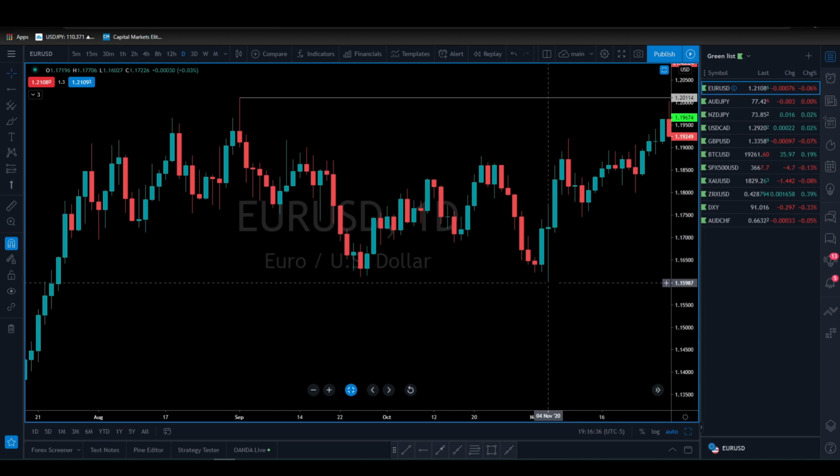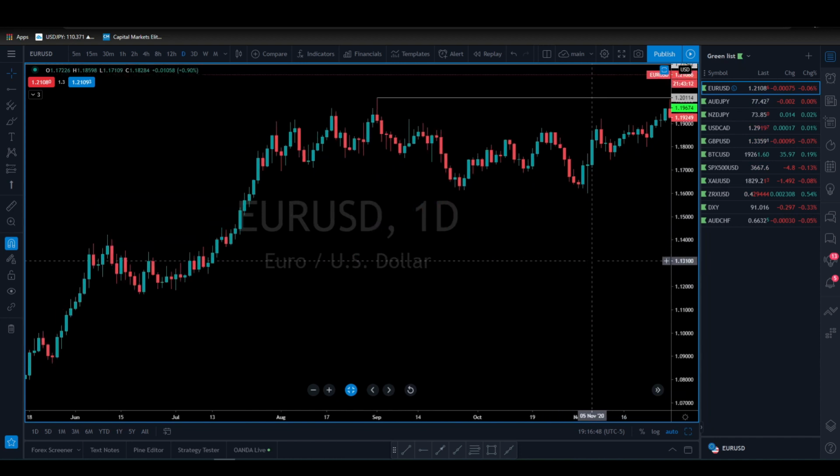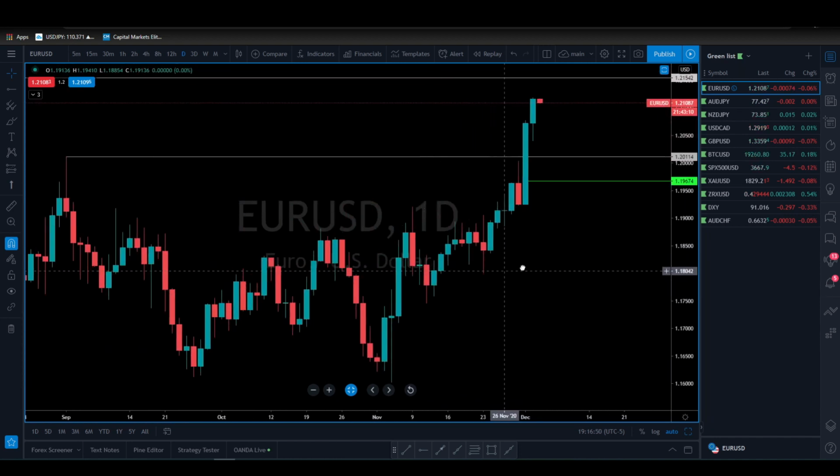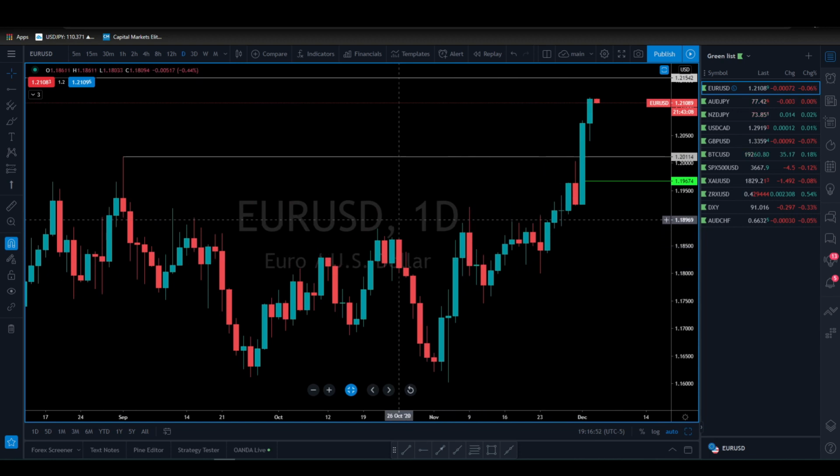We took out this low. We purged the liquidity here, but we never closed a daily candle below it. So since this day here, my bias on this pair has been to the upside. We took out this market structure on a daily candle closing basis.